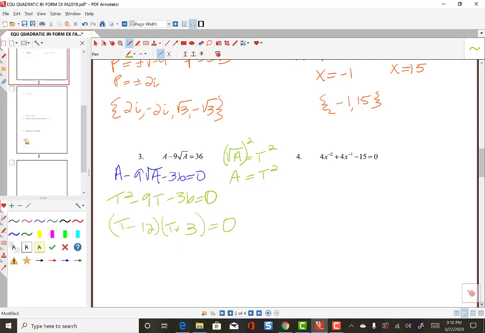So that I end up with solutions of either t is equal to negative 3 or that t is equal to 12. Okay, as I've said before, let's go back to the original variable. So up here where we did the substitution, I'm going to say the square root of a is equal to 12, or that the square root of a is equal to negative 3.